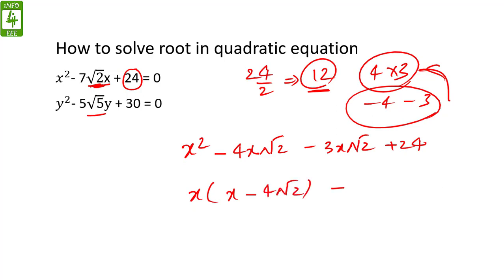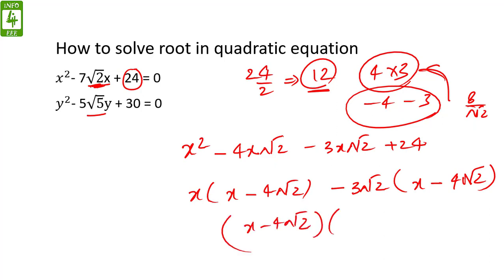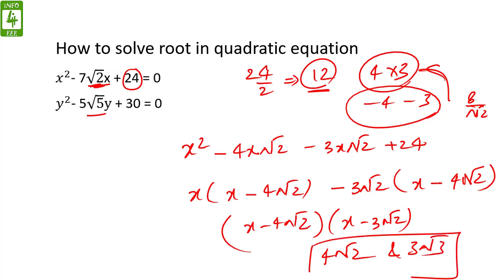If you take 3 root 2 common, basically this is x minus, this is 8 upon root 2, right? If you multiply root 2 on both sides, it will be 4 root 2. If you take x minus 4 root 2 common on this side, it will give you 3 root 2. So the answer is 4 root 2 and 3 root 2.